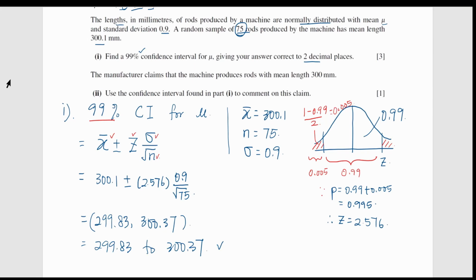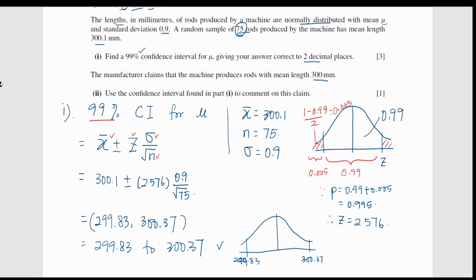Now, the manufacturer claims that the machine produces rods with a mean length of 300. Okay, part 2: use the confidence interval found in part 1 to comment on this claim. As you can see, this confidence interval tells us that we are 99% confident that the population mean lies between 299.83 and 300.37.